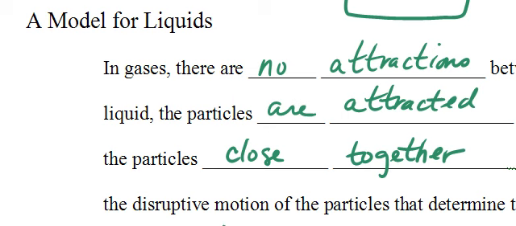Depending on how tightly these are held together, that will determine how quickly they flow. For example, syrups and molasses are really, really attracted to one another, so they tend to stick together, so they flow very, very slowly. Other particles are very loosely attracted to each other, so the liquid flows very, very quickly. All right, that deals with what's called viscosity.